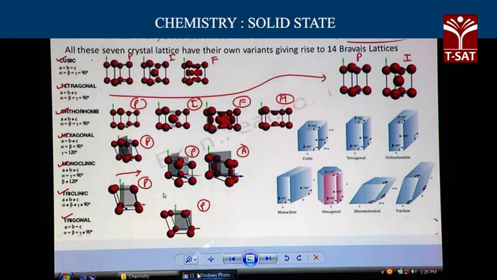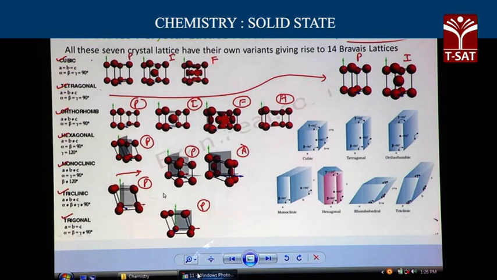Mathematician, in the year 1850, he determined the various kinds of crystal structures and proposed them in the form of Bravais lattices. So, if you take a cubic unit cell, primitive cubic, this is body centered cubic and face centered cubic.